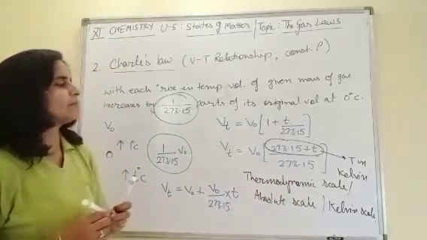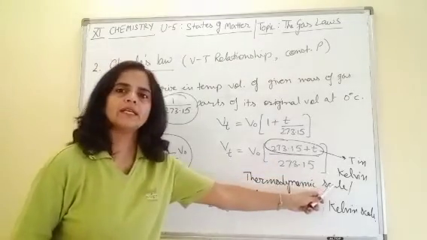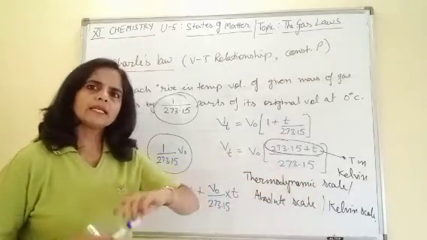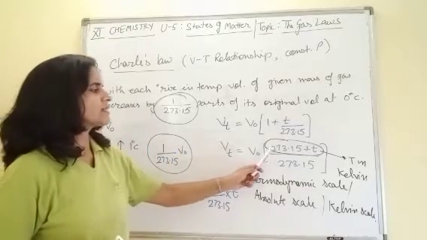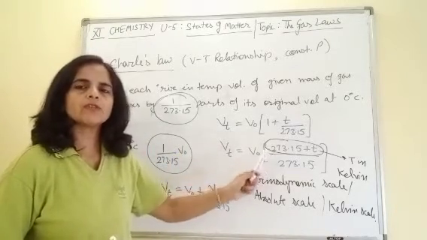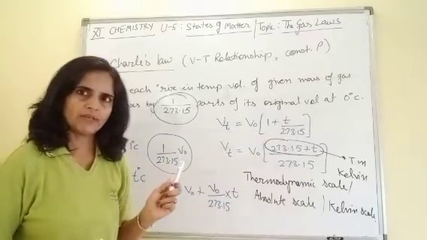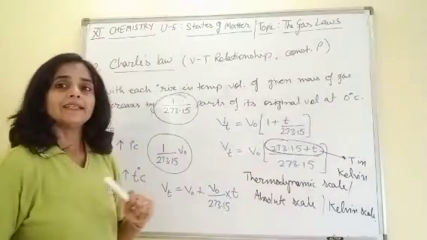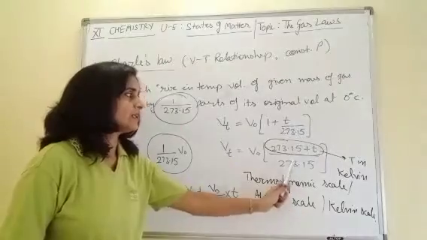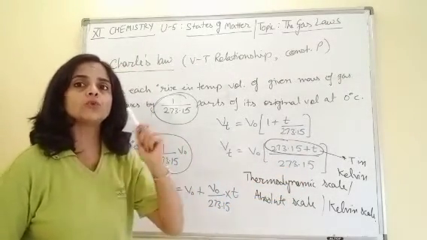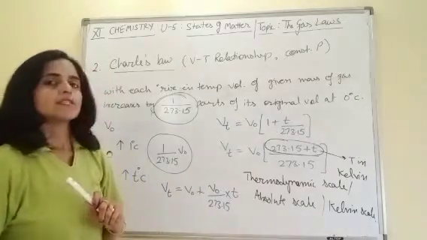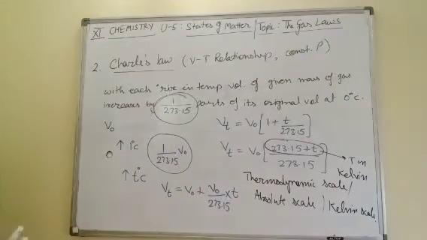Understood how to convert temperature in degrees Celsius to temperature in Kelvin. To make the calculations easy, for the sake of simplicity, we may simply take 273 in place of 273.15.